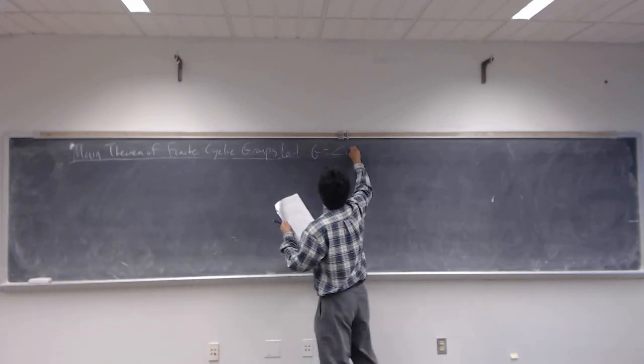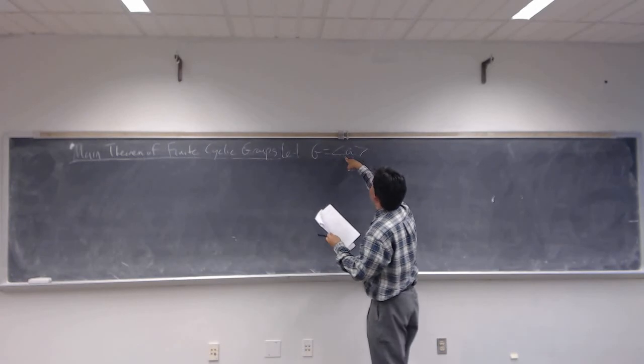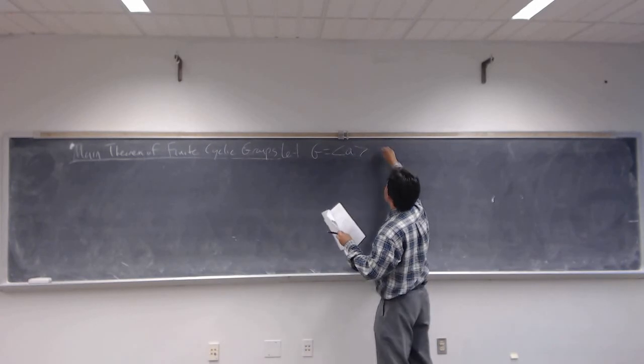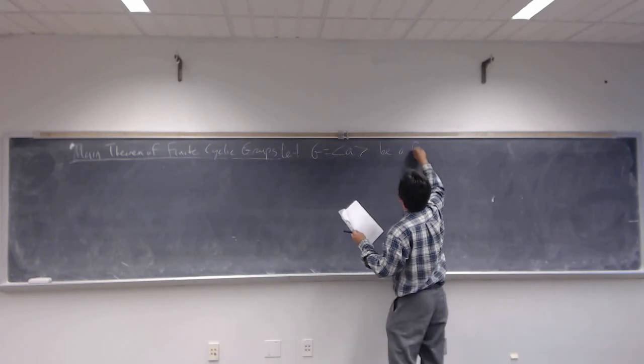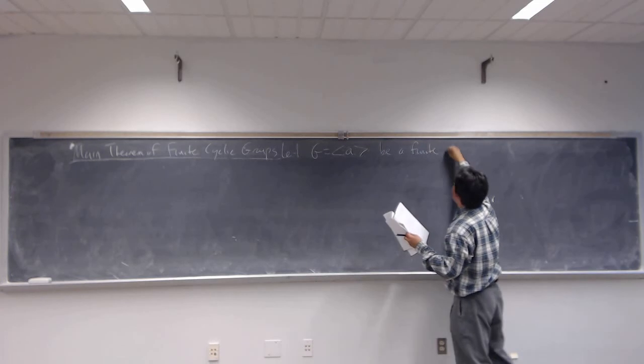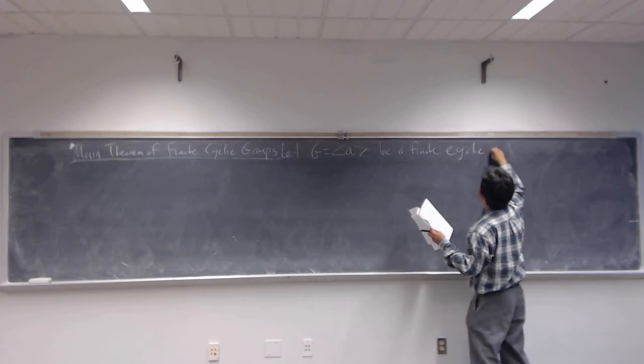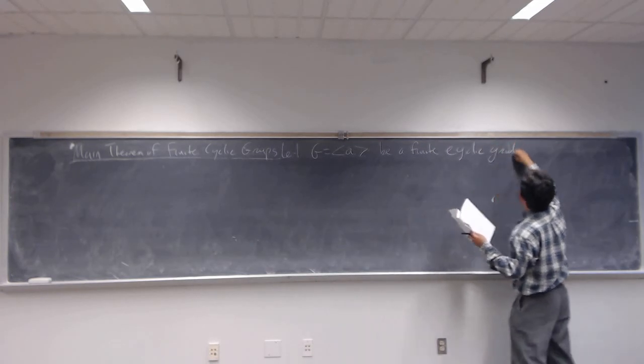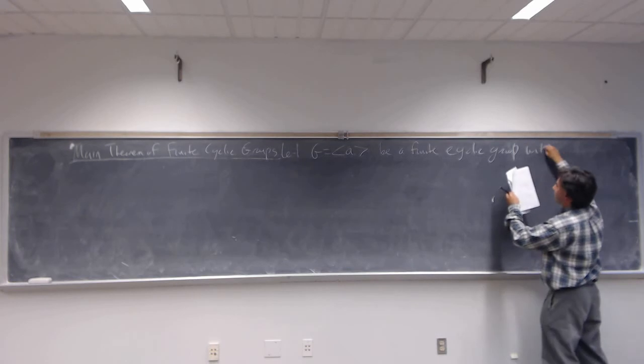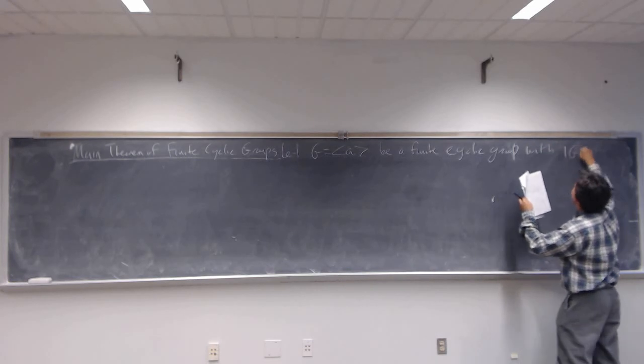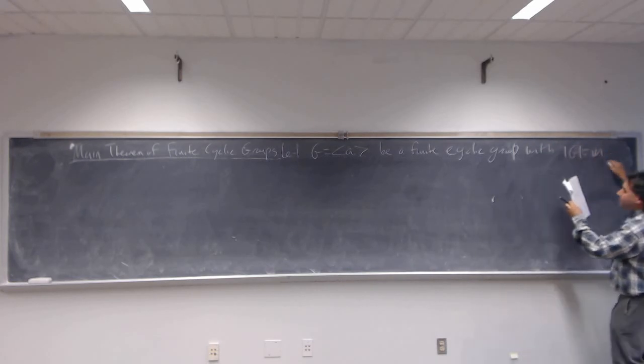Well, if G is a cyclic group, G has to be generated by some element a. Let G be a finite cyclic group with the order of G equal to n.